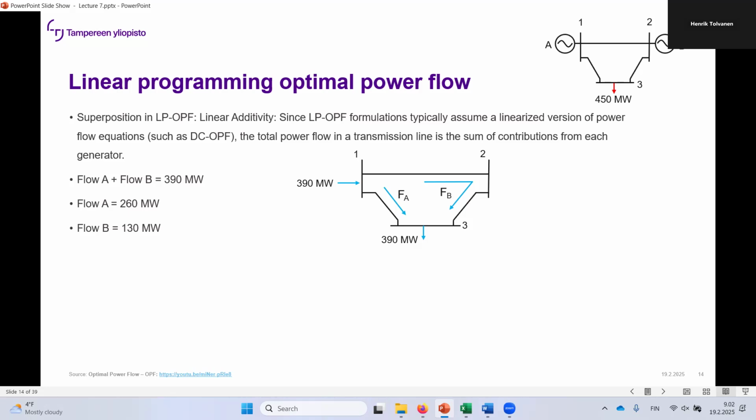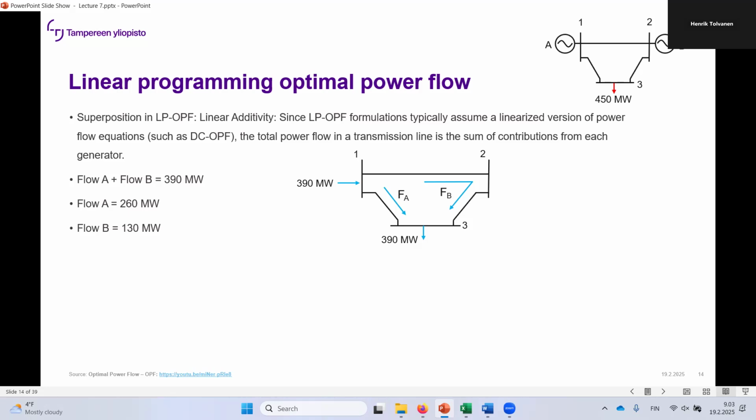Since we have a cable twice as long from 1 to 3 versus 1 to 2, and we have the same reactance, so it's pretty much analogous to resistance in DC systems, then our flow from 1 to 2, so this flow A, is going to be 260 megawatts, and this is going to be twice smaller. So does that make sense?